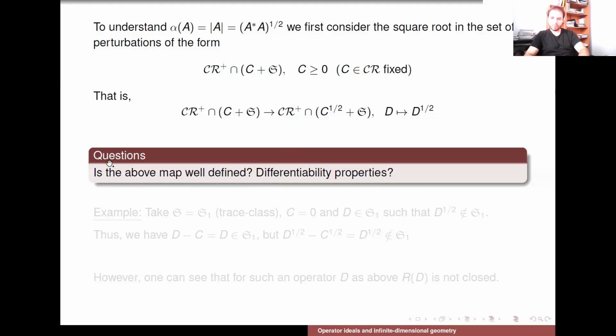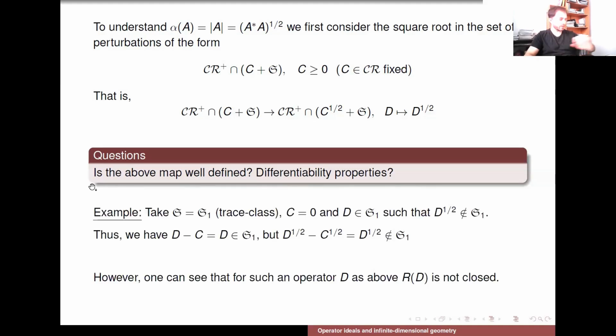We will see a simple example to understand that this may fail. For instance, if our operator ideal is the trace class, take C equal to 0 and D a trace class operator such that its square root is not in the trace class. Then the difference between the square roots obviously is not in the trace class.